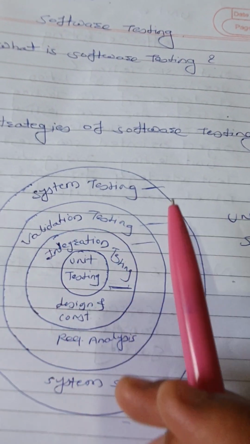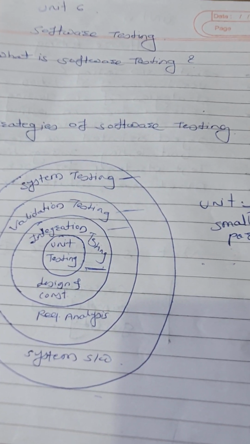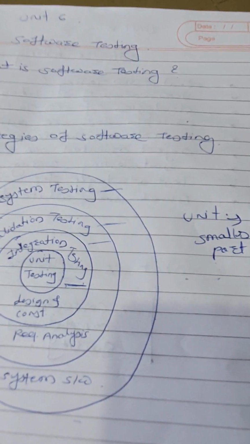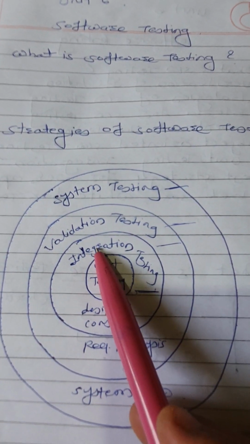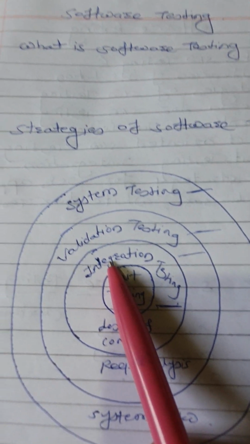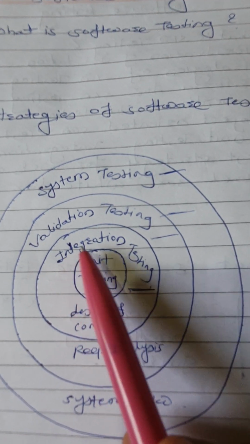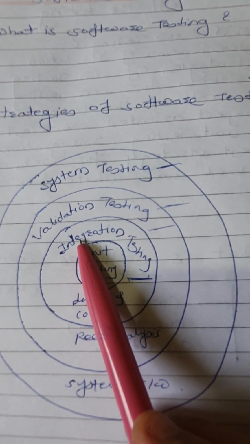Now what is integration testing? Integration testing is performed on integrated components together step by step. What is integration? Integration means combining different components or different modules of software and then performing testing on that software.